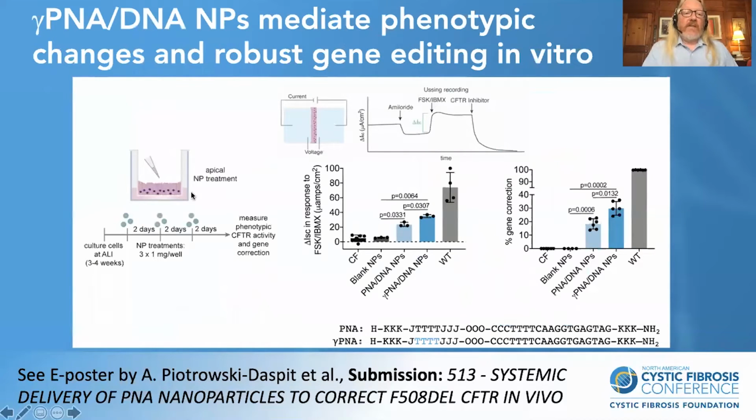She has tested these again with Marie Egan, both in cell cultures and cells that are cultured in an air-liquid interface, measuring short circuit currents. You can see a pretty significant change in short circuit current with these improved nanoparticles, and you see fairly high levels of gene editing, up to 30% in this case, with 3 treatments in vitro.